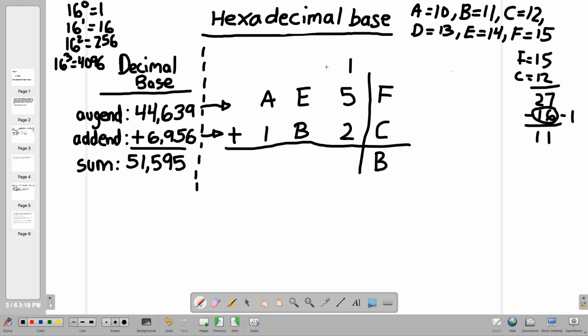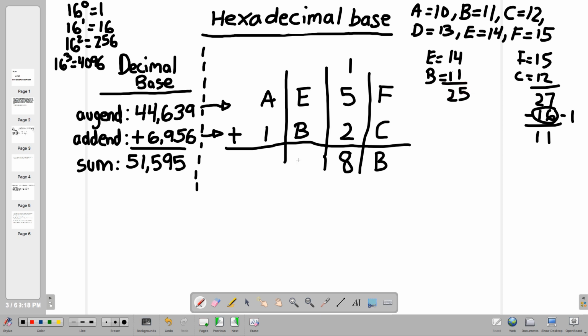Let's add up the next significant column. We have 2, 5, and 1. That's a value of 8. Let's add up the next significant column. This time we're going to add E and B, which is the same as adding 14 and 11. When we add it up, we get 25.